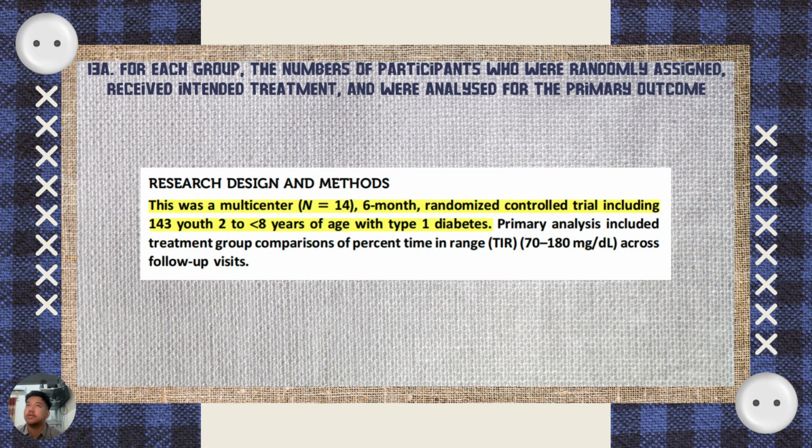And then for 13A, the participant flow, 140 children were randomized. Completion rates were over 93% in all groups. This describes the flow of participants clearly.